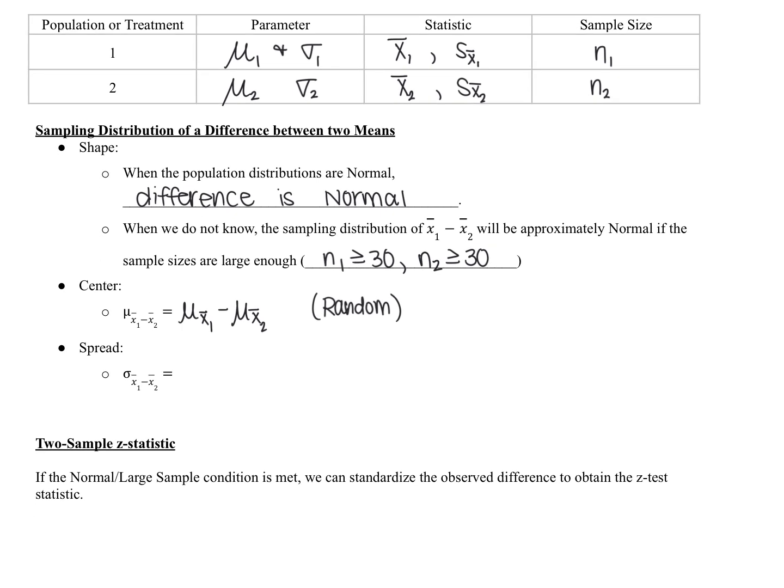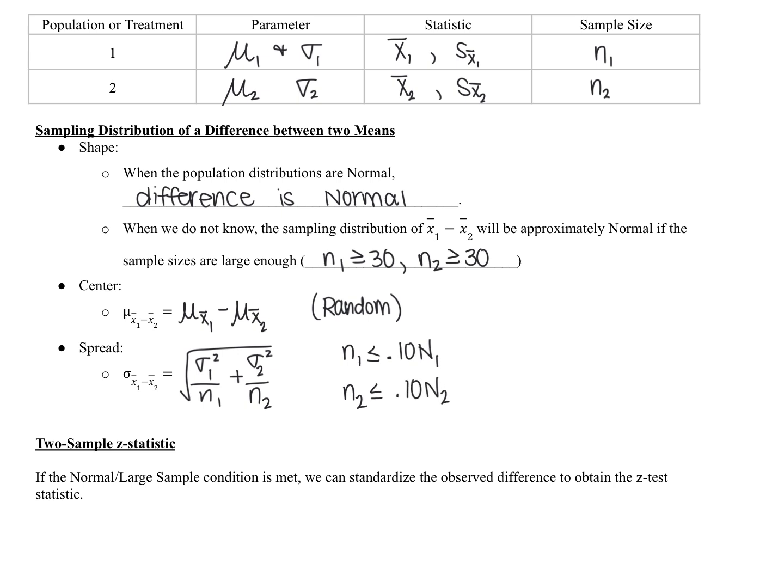And then the standard deviation for a difference in means is the square root of sigma 1 squared over n1 plus sigma 2 squared over n2. And this is the 10% condition. So each sample size has to be less than or equal to 10% of their population.